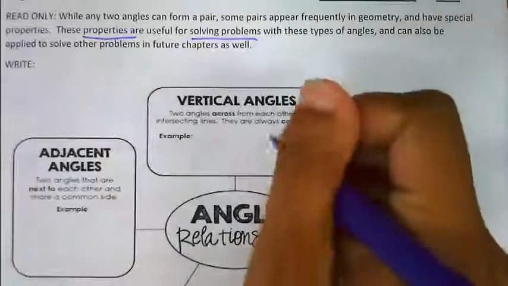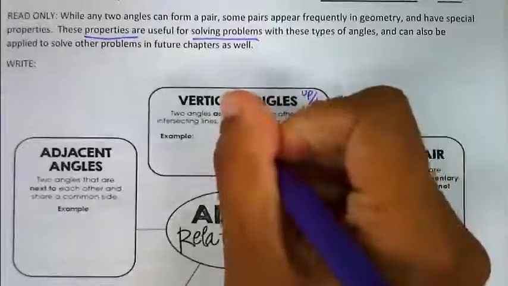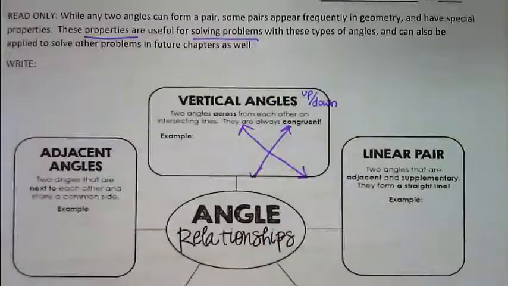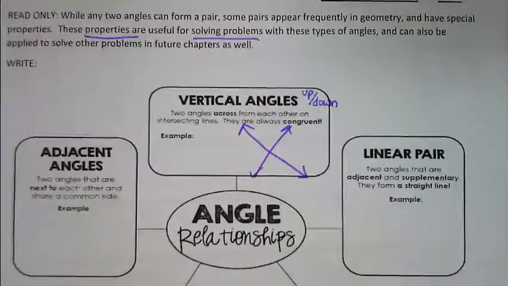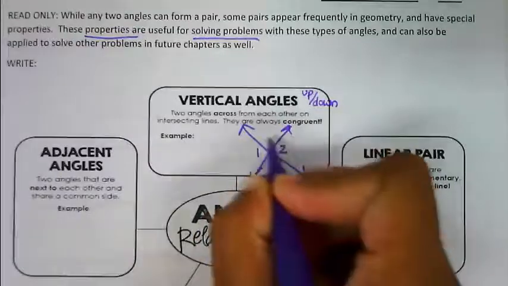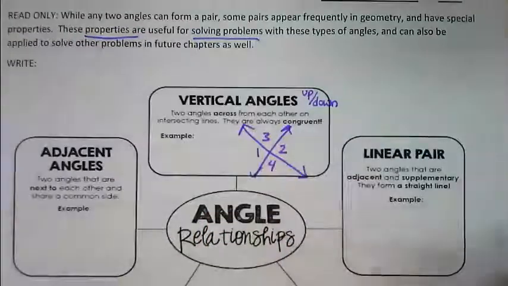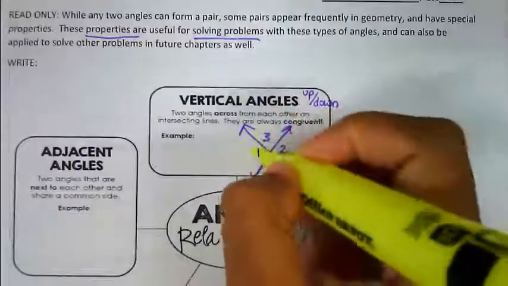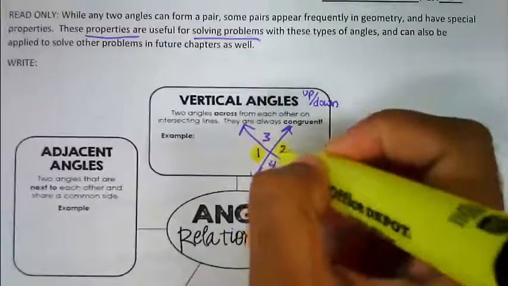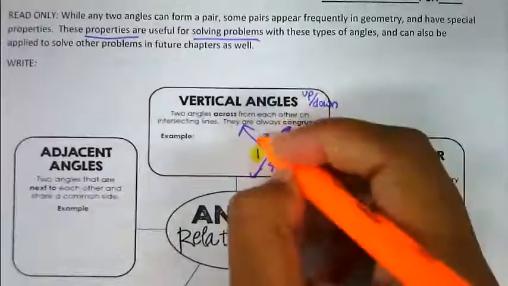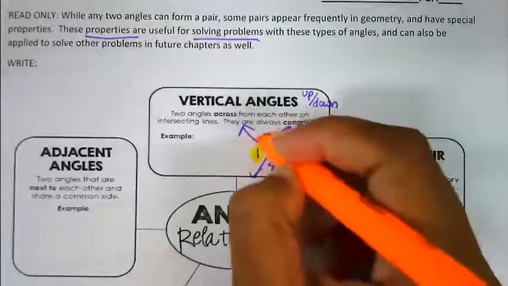So say I have this little X, if you will. I'm just using the word X for lack of a better term. And I have angle 1 here, angle 2, angle 3, angle 4. This is saying that basically these are like twins. These are my twins right here. This is why highlighters are highly recommended, but not a requirement.